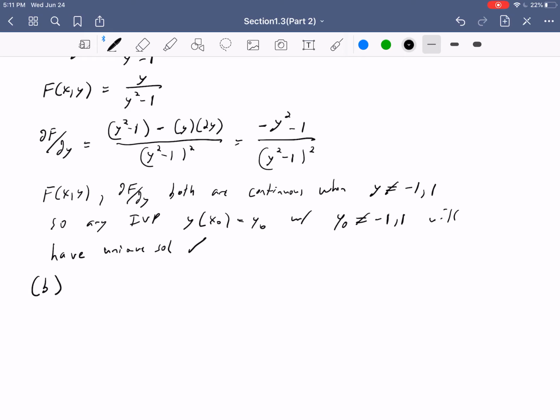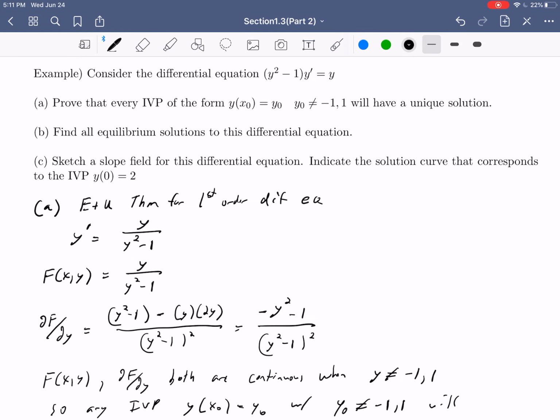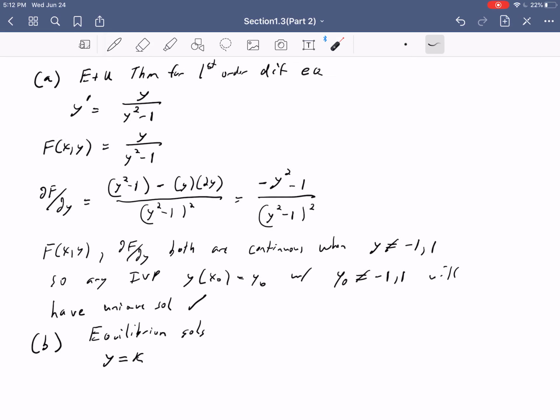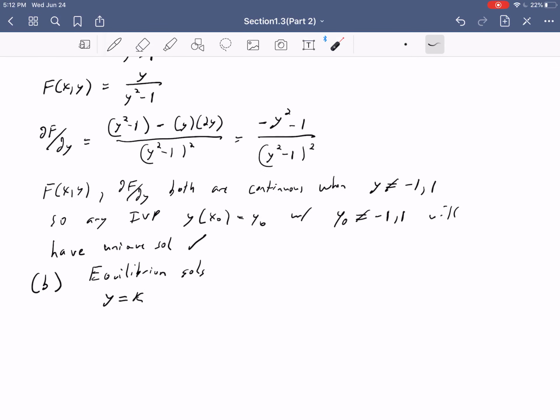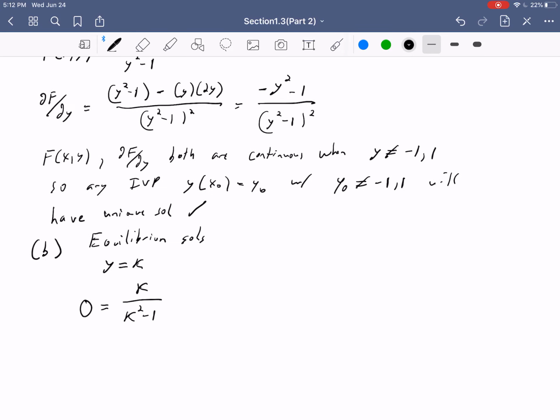Let's go ahead and do the equilibrium solutions as well. The last one didn't have any, but we'll see about this one. Those are of the form y equals k. So we can plug that into our differential equation. We can use this form, or we can use the more traditional form where we've isolated y prime. So y prime, of course, is going to be 0 if we're talking about a constant. So we have 0 equals k over k squared minus 1 once we plug in.